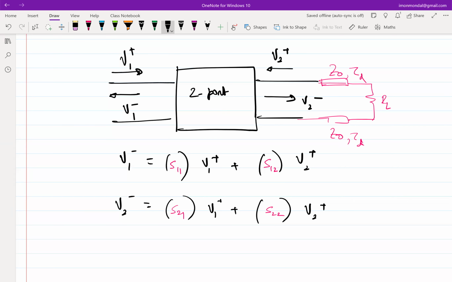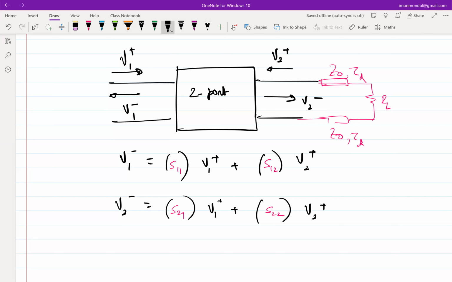We want the reflection to go to 0, but which reflection do we want to go to 0? My question is, do we want V2 plus to go to 0 or V2 minus to go to 0? We would want V2 plus to go to 0, right?